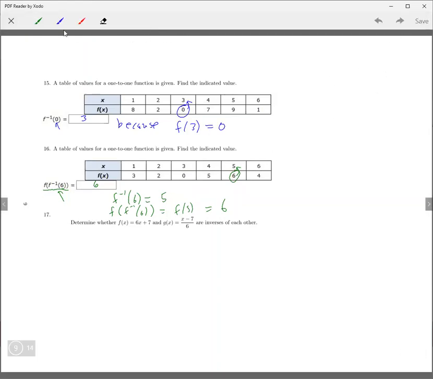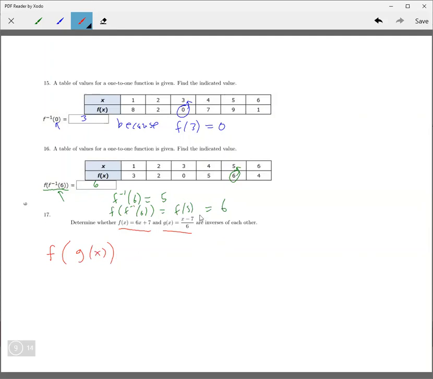Okay, number 17. Determine whether these are inverses of each other. So to do that, the easiest way is to take F of G of X to calculate that.